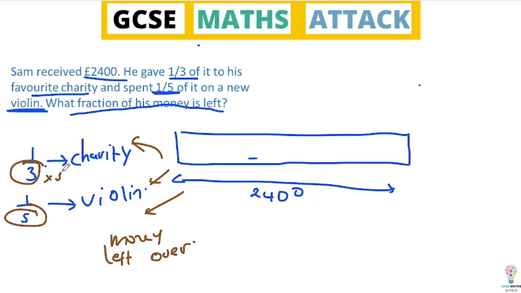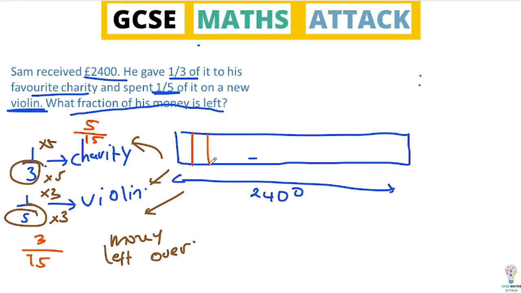So I'm going to times this by 5, and I'm going to times this by 3. I am now left with 5 out of 15, and I am left with 3 out of 15. So I know that my bar is worth 15.